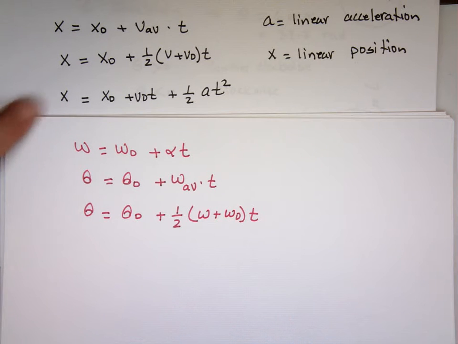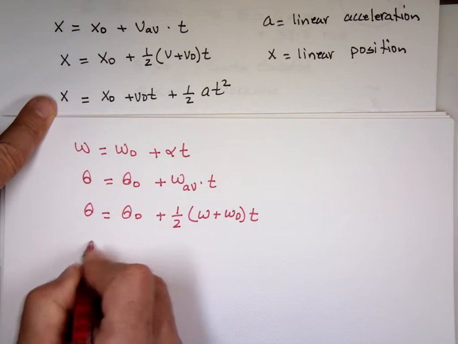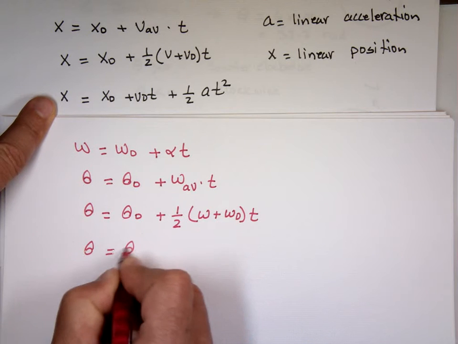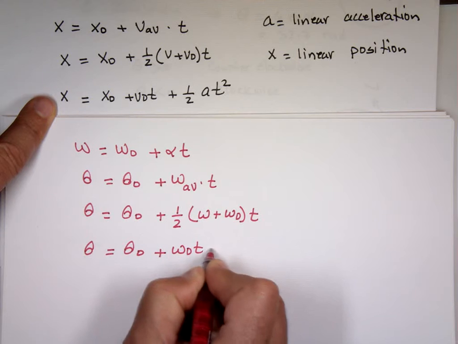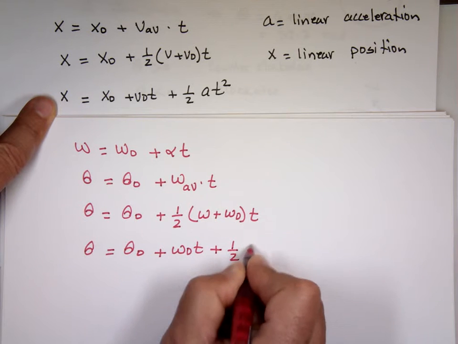This one: theta equals theta 0 plus w0 t plus 1/2 alpha t squared.